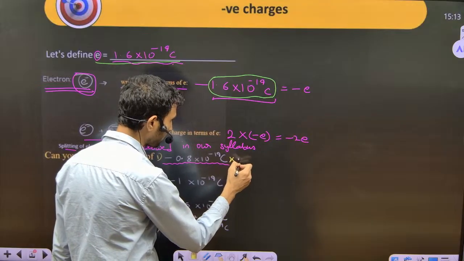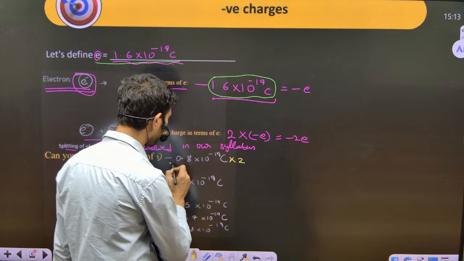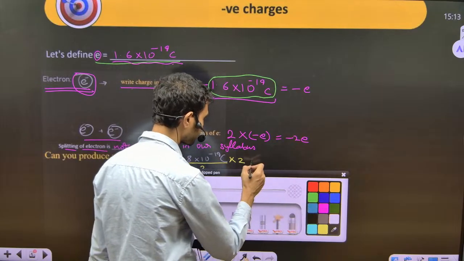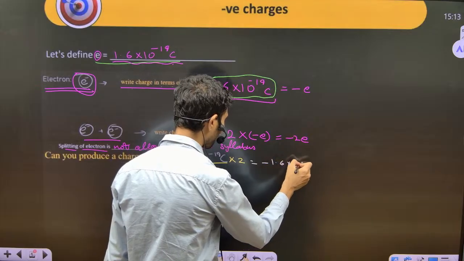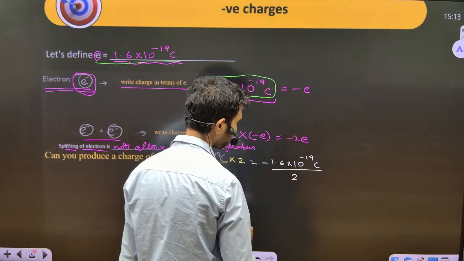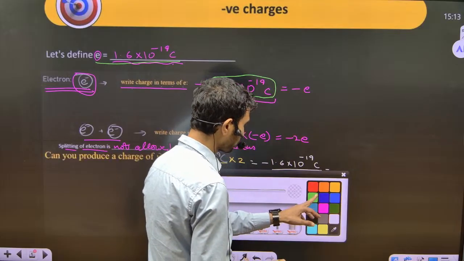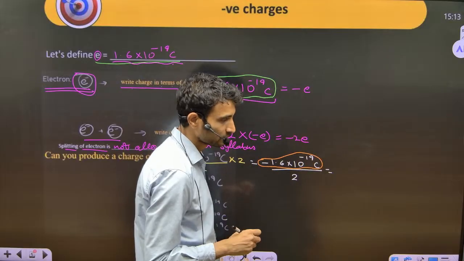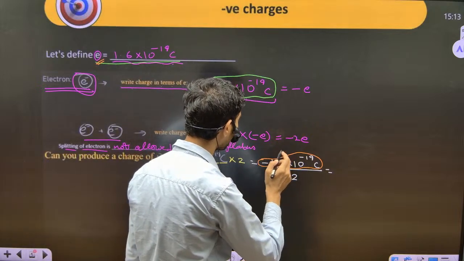I can multiply it by 2 and also divide it by 2, and then together it can be written as minus 1.6 into 10 raised to the power minus 19 coulomb, whole divided by 2. And what is this object? That's nothing but your e.